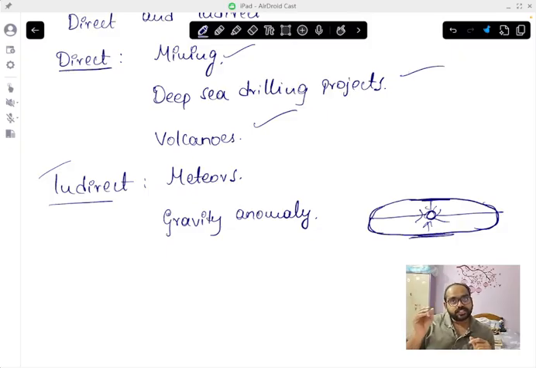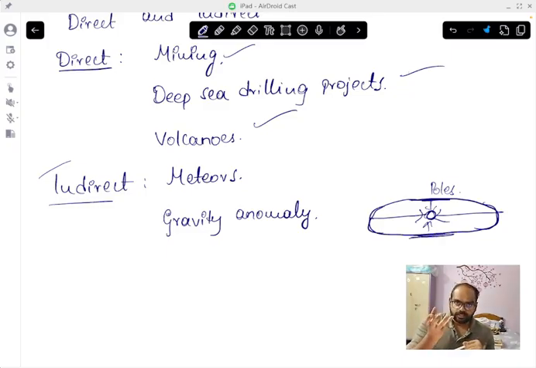Based upon that, scientists come to conclusions about the density of the materials present closer to that part of the earth. For example, at the poles we experience maximum gravitational attraction because, first, it is closer to the center of the earth. Secondly, at the center of the earth there is very dense material present.